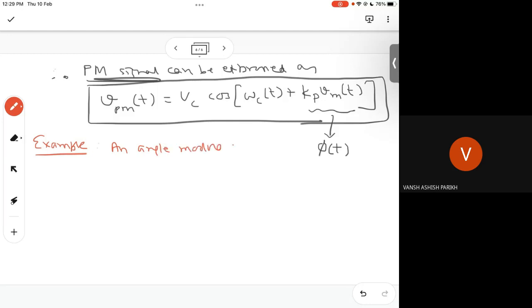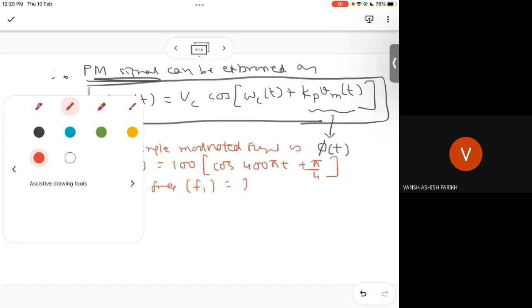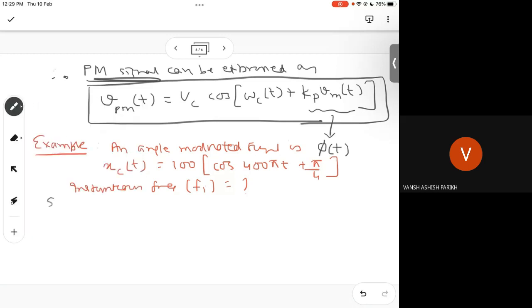So I have an angle modulated signal, which is given as x_c(t) = 100 cos(400πt + π/4). And I have to find the instantaneous frequency, fi. To solve this, let's understand how the units are expressed here.